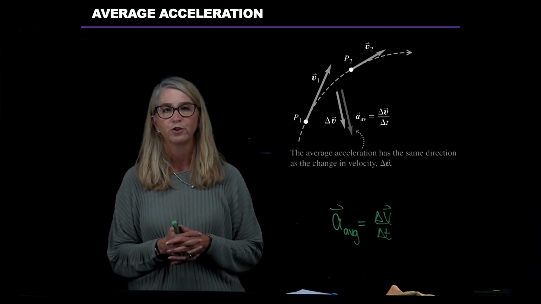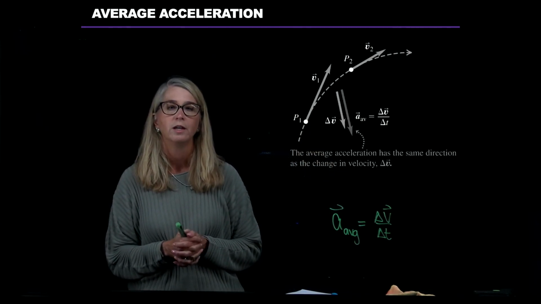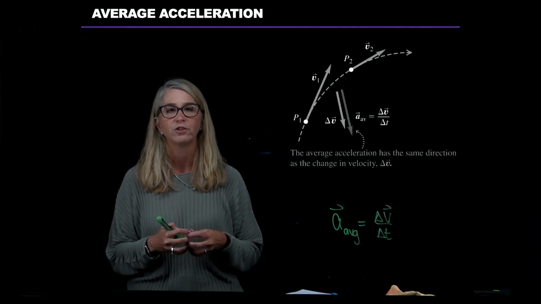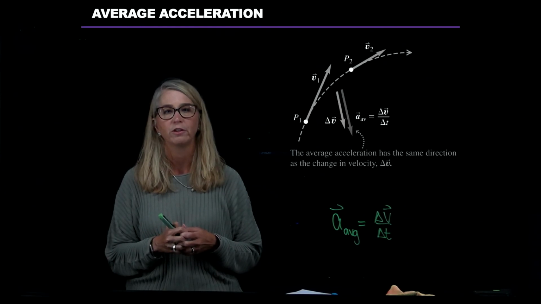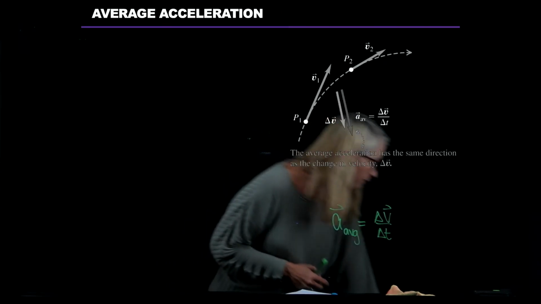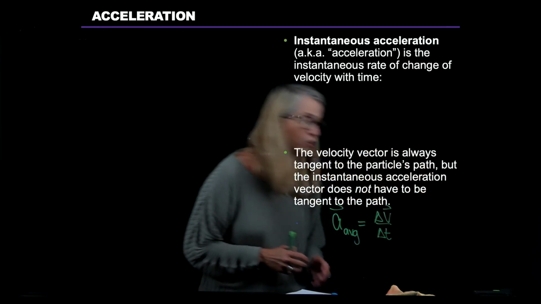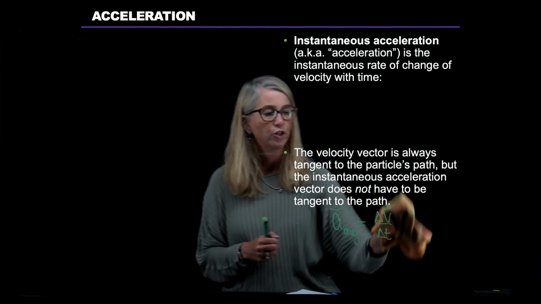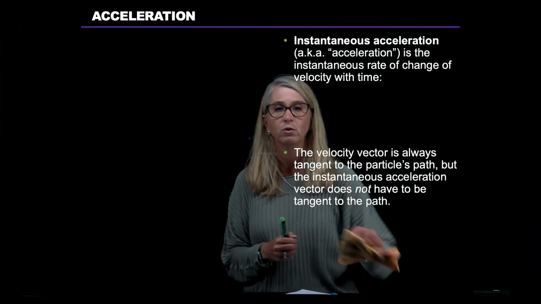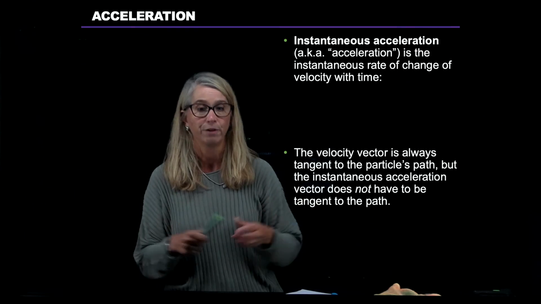This is a nice picture just illustrating for us how the average velocity and the average acceleration are parallel to each other, and also how they are oriented relative to the path. And finally, we're going to finish up by thinking about just instantaneous acceleration, which we can also call acceleration.